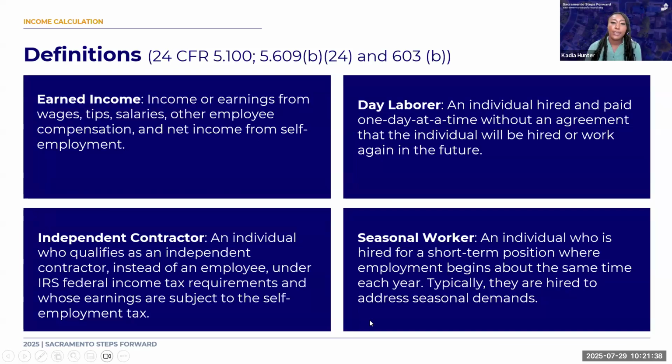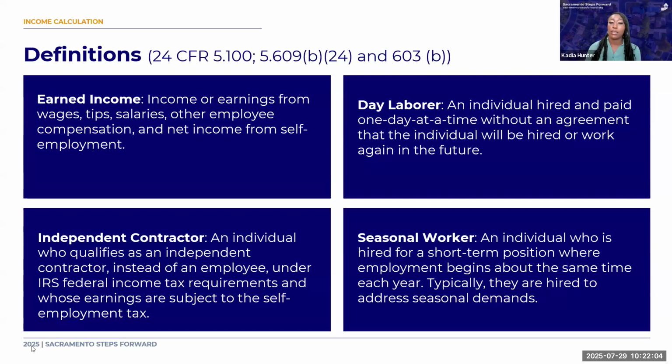All right, let's define some key terms that'll help us navigate income calculation. Still kind of the same, but just to go over them. Earned income covers wages, tips, salaries, and self-employment. A day laborer is someone hired one day at a time, no guarantees for more work. And an independent contractor qualifies under IRS rules and pays self-employment taxes.